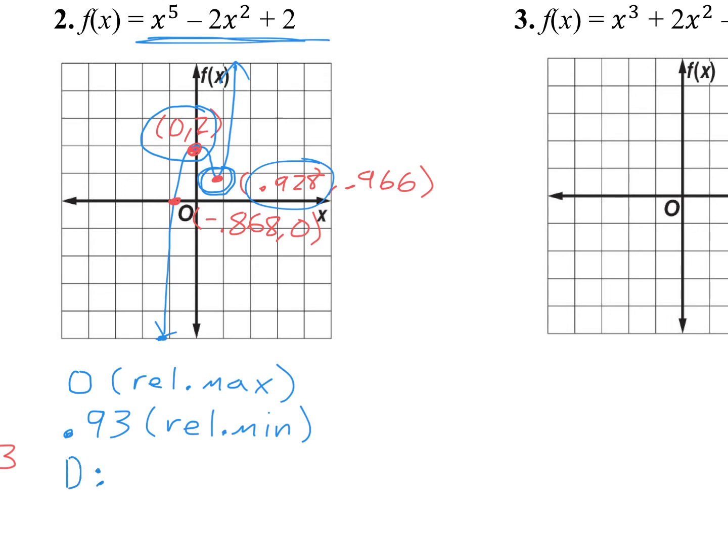Domain for all of these is going to be all real numbers. The range, whenever the degree is odd, one side's going to go up, one side's going to go down. So because one side goes down forever and one side goes up forever, every y value is going to get hit. So the range is also all real numbers.